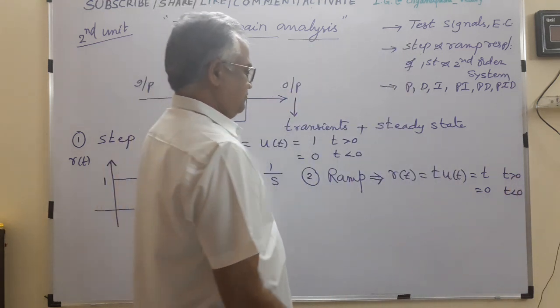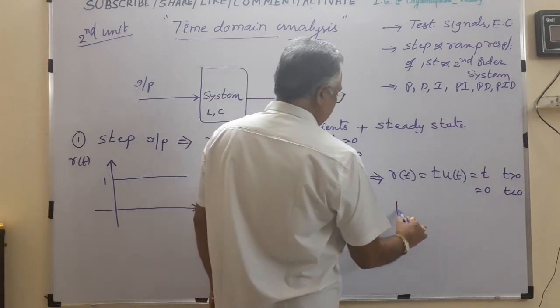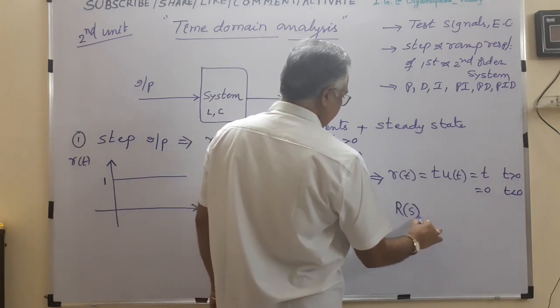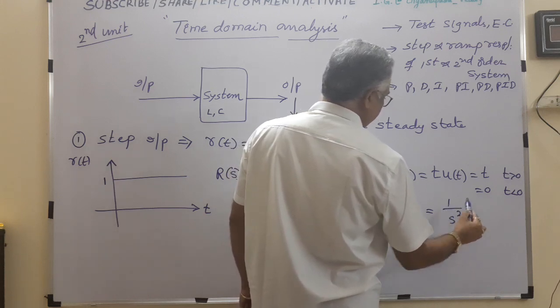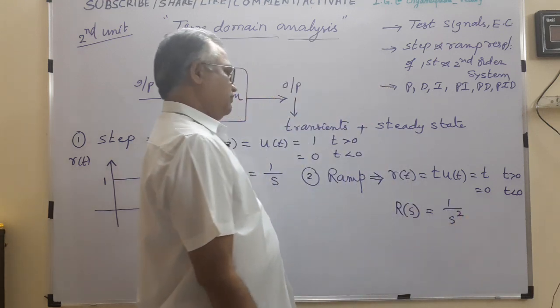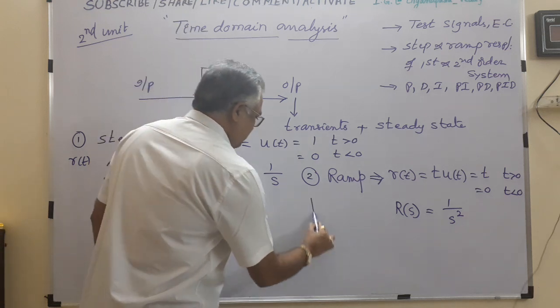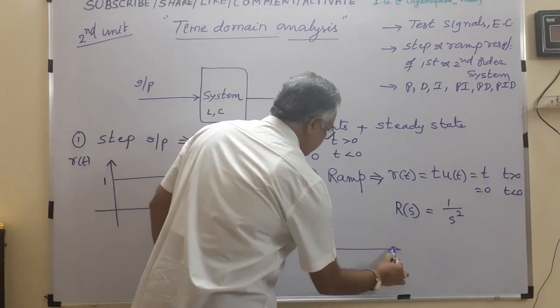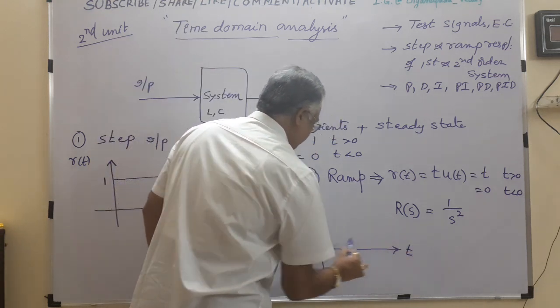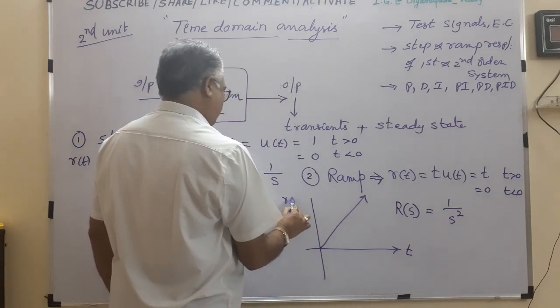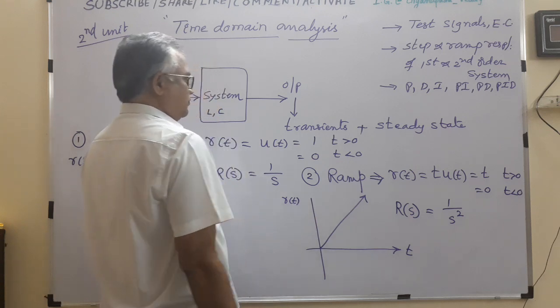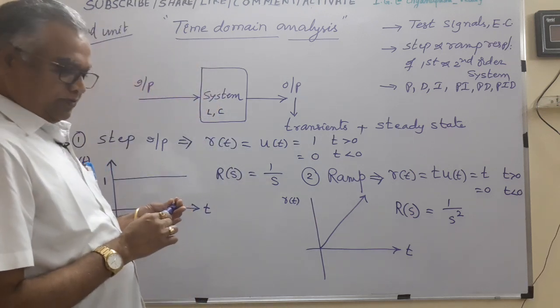So the ramp function. What is the Laplace of this? It is 1 by s square. Now we can plot the ramp. It is like this. This is r of t, ramp.